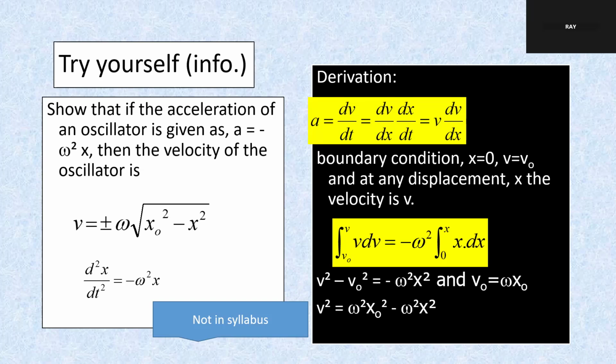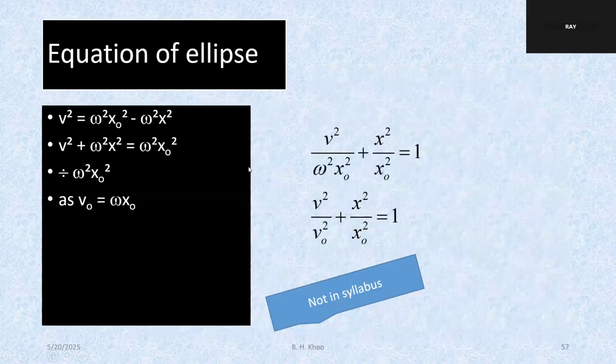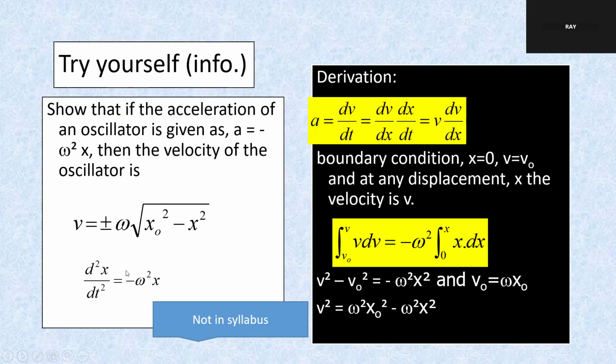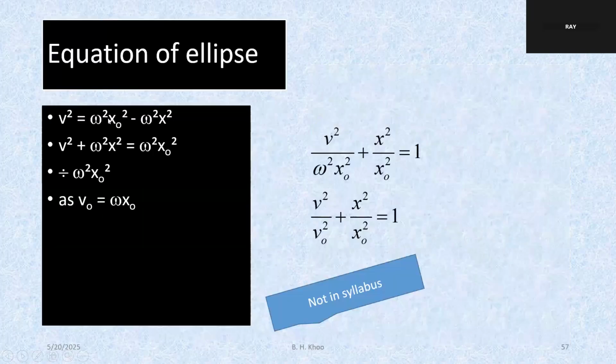They don't want to weigh you down with all the derivation because it's unnecessary. So this one, if you want, you can derive yourself. Won't spend too much time. And to show you the equation of the ellipse, we are just using this equation, squaring it, you get that equation.